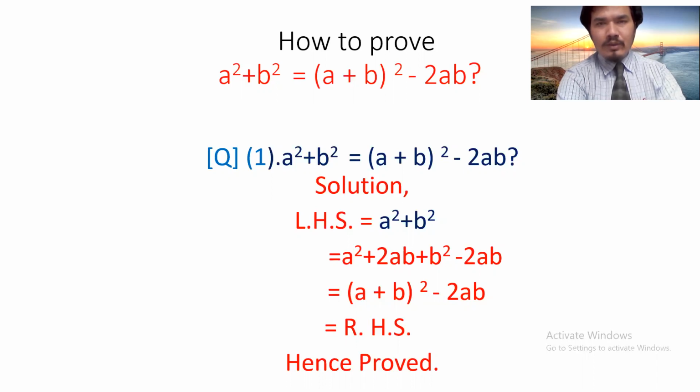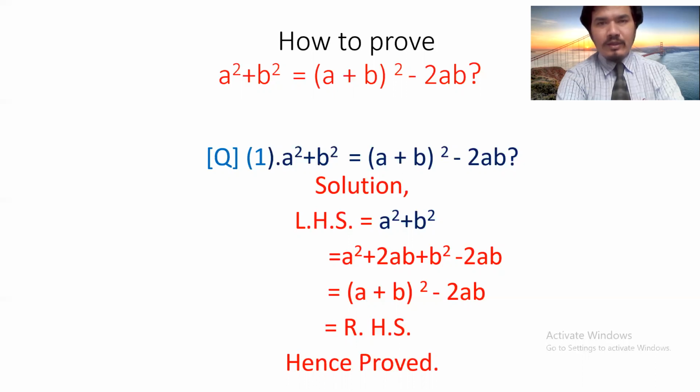I hope you will enjoy the solution and the tricks used here, and you will feel it is very easy. If you face difficulties, please watch the video again and again and try to understand according to the explanation.